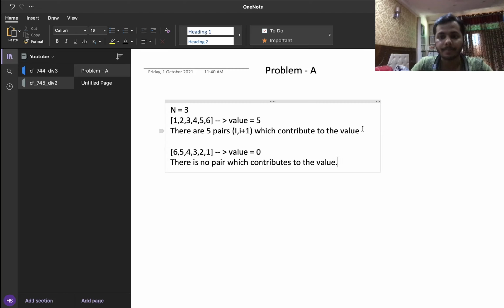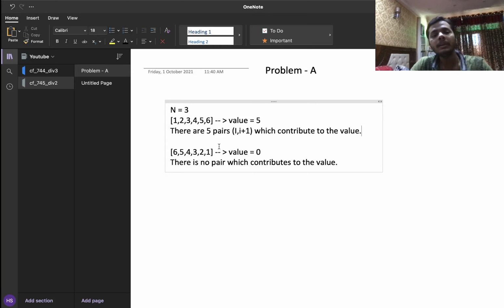Okay, great. So one thing that we realize here is that these two permutations are just the reverse of each other, and any pair which contributes in this permutation does not contribute in its reverse, right? So this 1 comma 2 pair which is contributing in this permutation is not contributing in the reverse of it. Why? Because 2 was to the right of 1 in the first permutation, but in the reversed form 2 will be on the left.